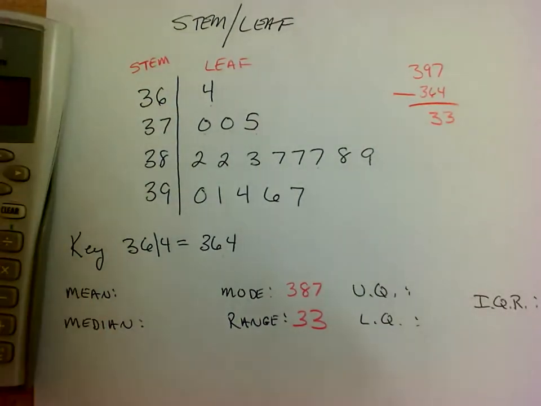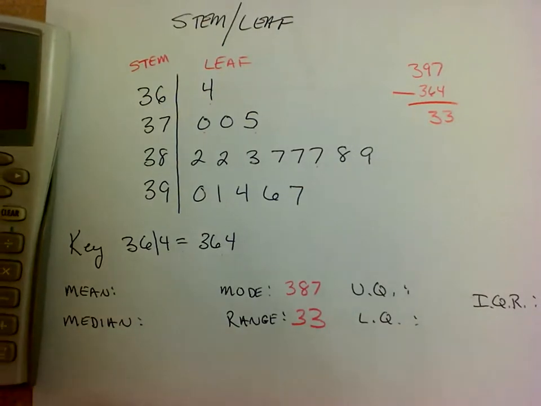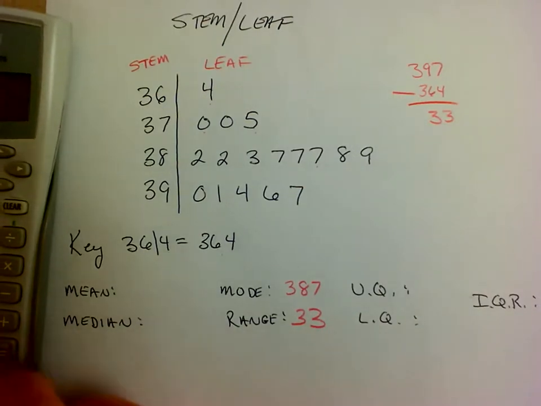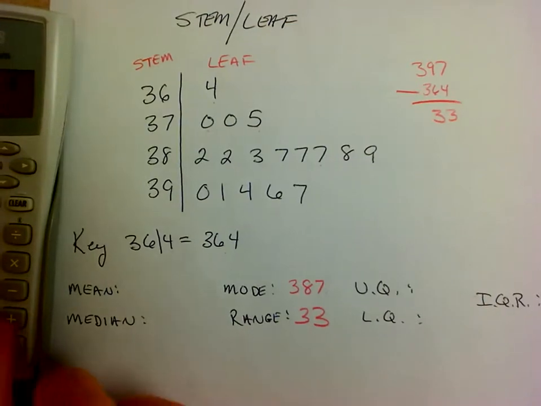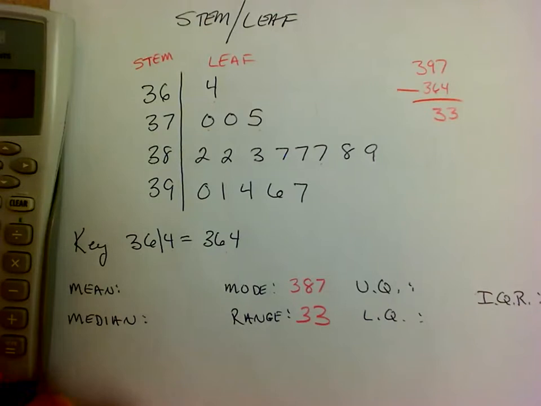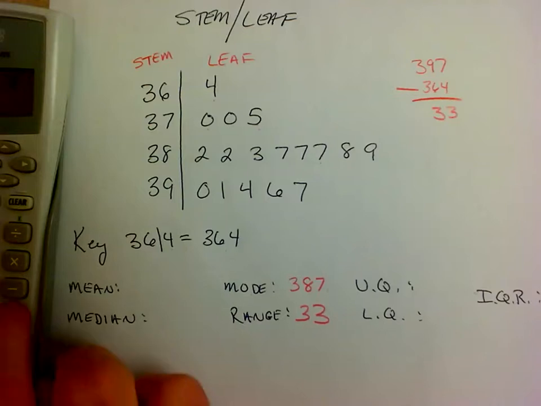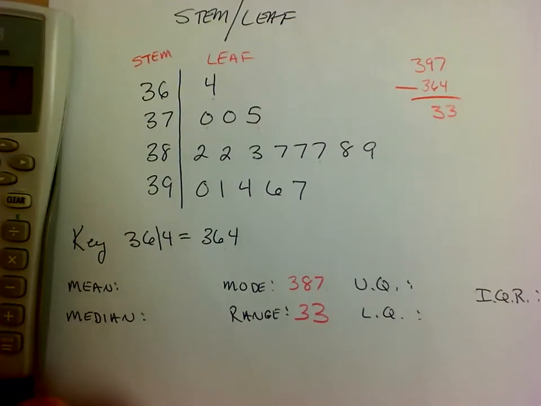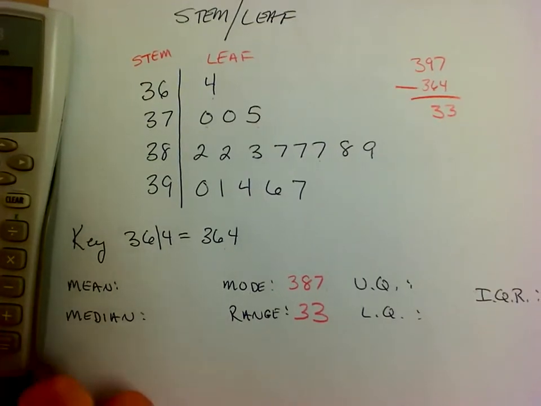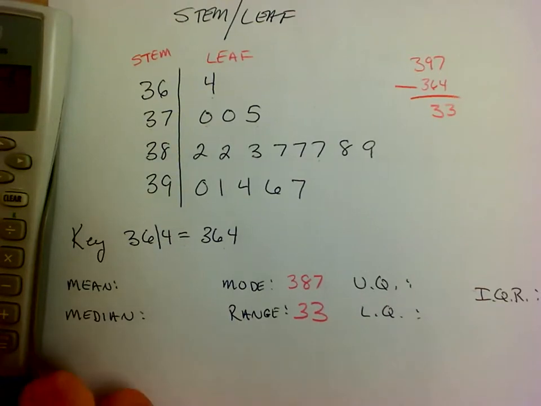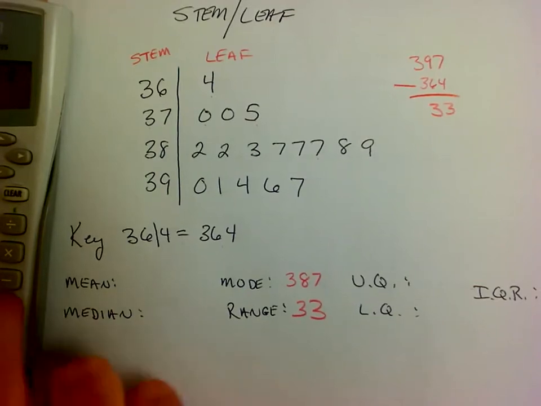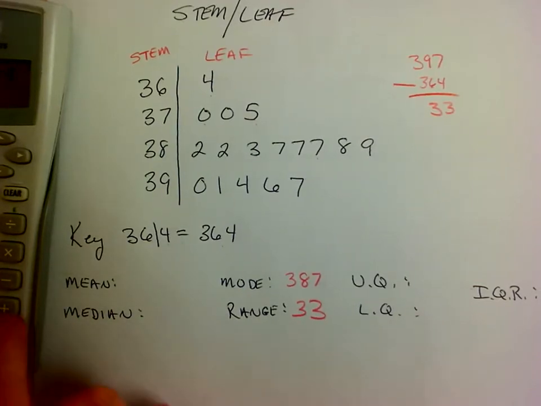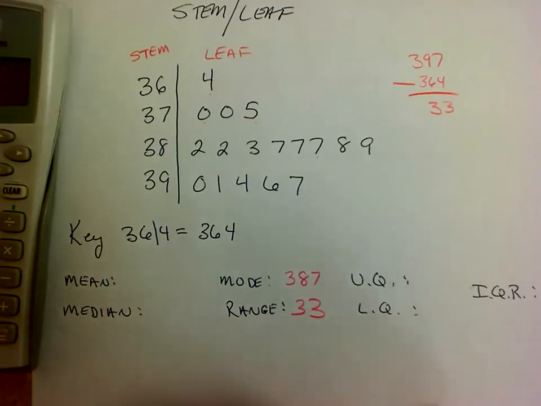When it comes to calculating our mean, we have to add all these together. This is where we have all of our mistakes, because we miss a number or we type one in wrong.